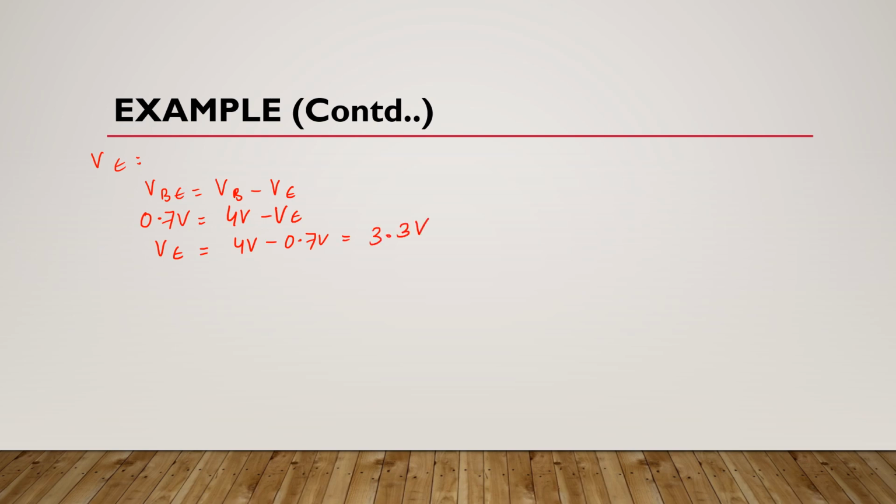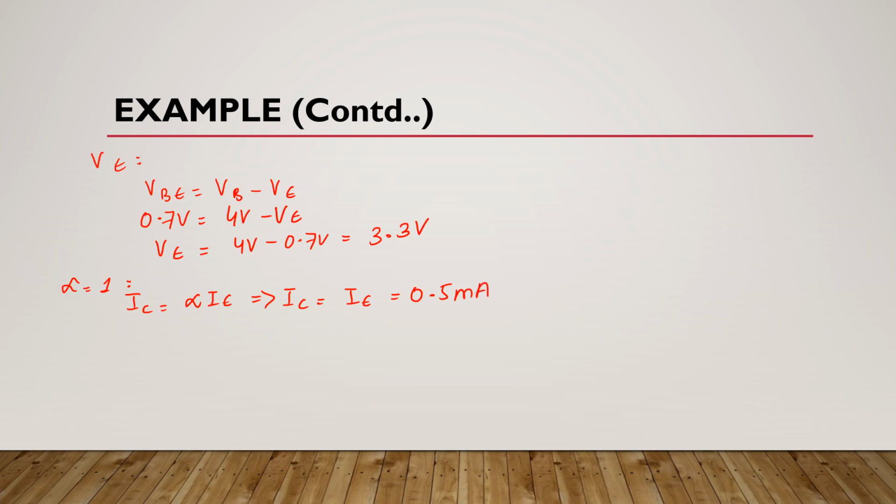So this is VE. Now here we know that alpha is equal to 1 and we know that IC is equal to alpha IE. It means IC is equal to IE and we know that IC is 0.5 milliamperes. It means IE will be same, that is 0.5 milliamperes.